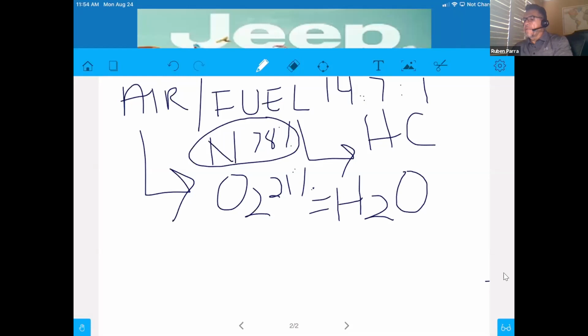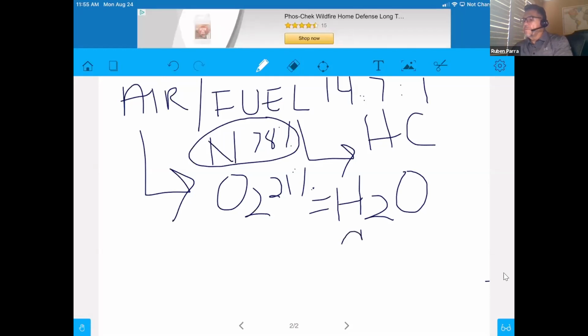And it binds with the oxygen, doubles up, and forms water, okay? What's left is the carbon, okay? So then we have the carbon. The carbon doubles up and pulls more of the oxygen, because remember, we have a lot of oxygen, right?